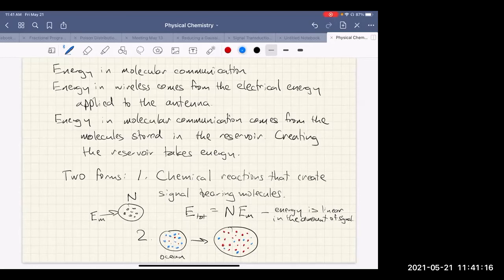So it turns out this is not for free. The idea is to create a reservoir using only changes in concentration.